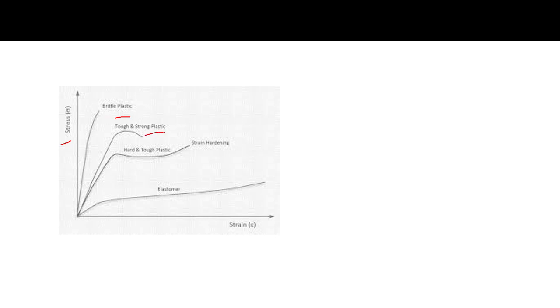This is the example of a tough and strong plastic. This is the example of a hard and tough plastic, and this is the example of an elastomer. Elastomer is also rubber.